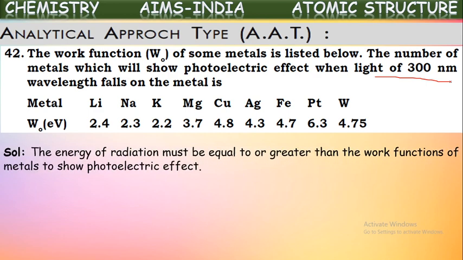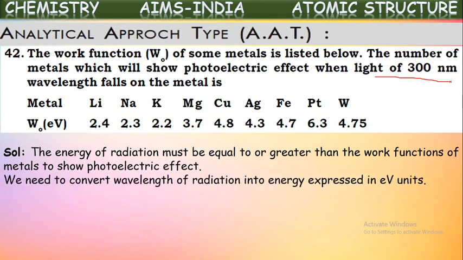The energy of the radiation must be equal to or greater than the work function of the metals to show the photoelectric effect. So we need to convert the wavelength into energy. Energy of the radiation is E = hc/lambda, where E is energy, h is Planck's constant, c is the velocity of radiation, and lambda is the wavelength.